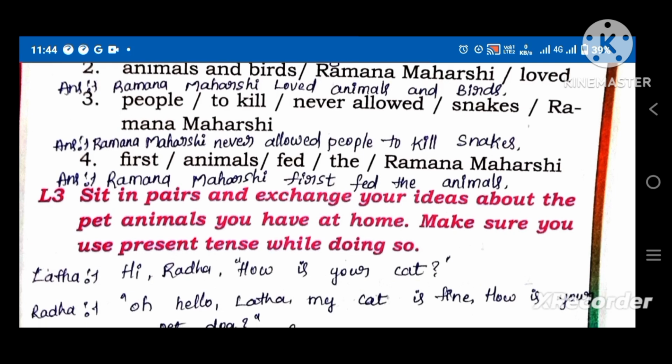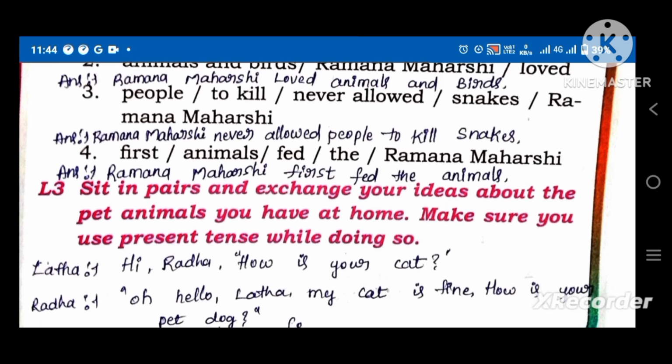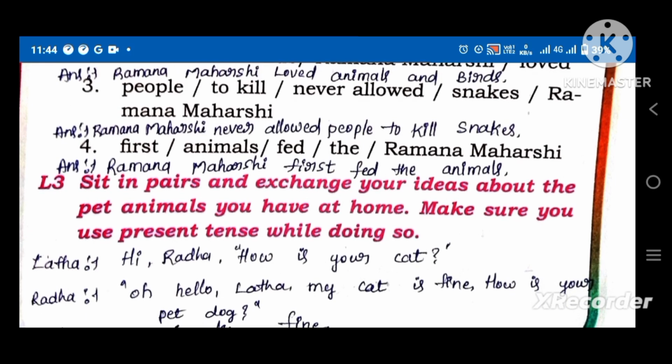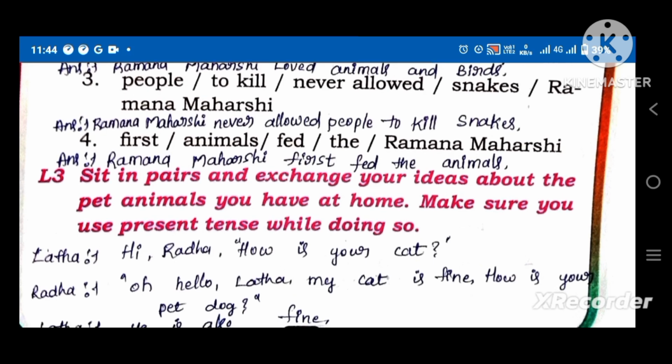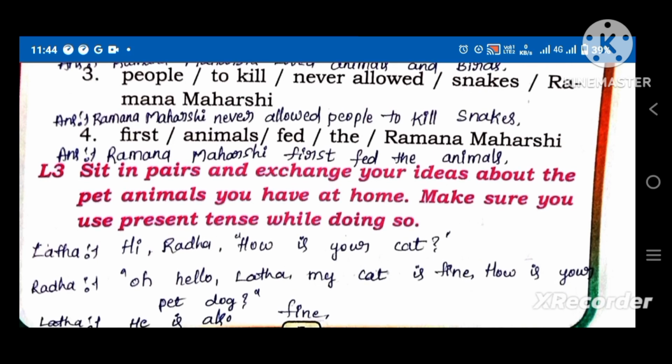Lata: Hi Radha, how is your cat? Radha: Oh, hello Lata. My cat is fine. How is your pet dog?